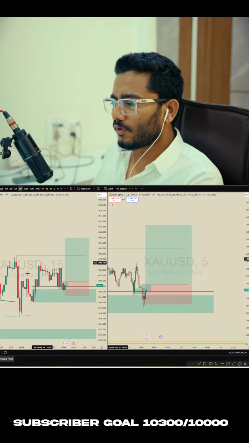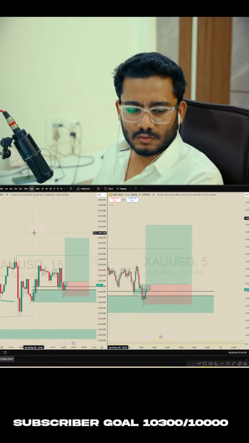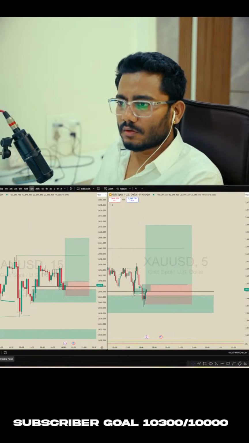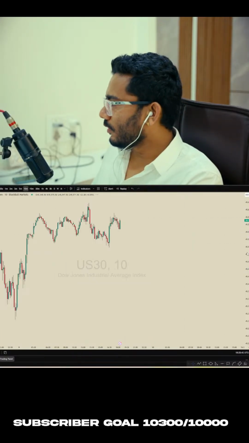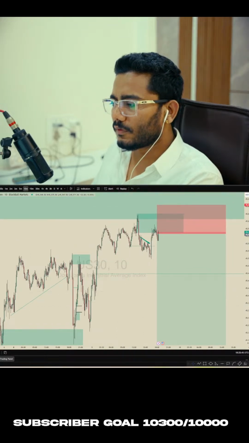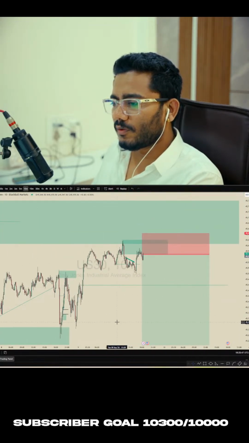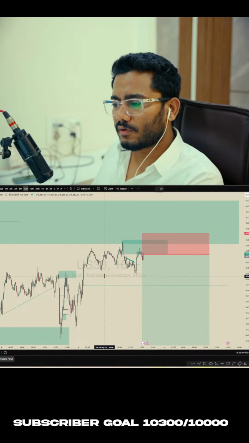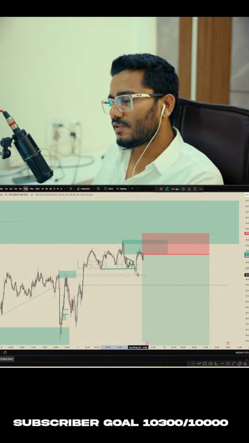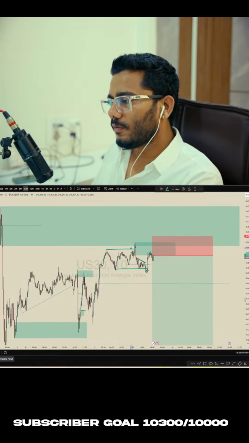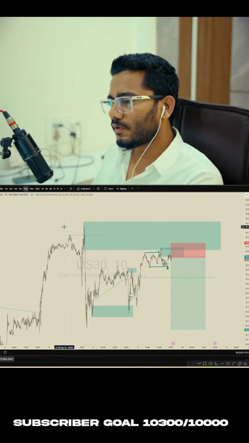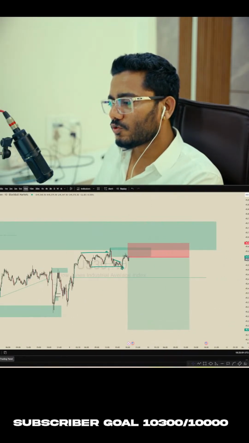But on US30, if you're entering, then look for this setup here. Keep your risk low because if you look at 10 minutes, there is liquidity which has been swept out, and there is liquidity from this side which has been swept out. But we are looking for downside because it has reacted from this order block. So it should go to downside.